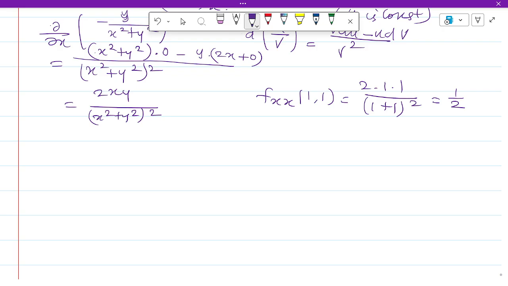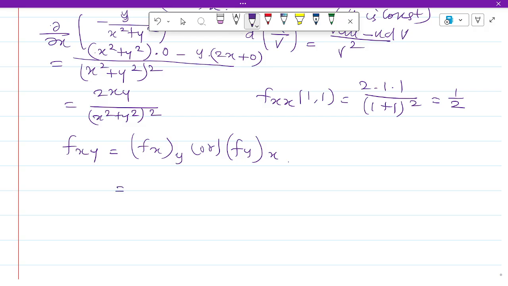Next we need to find that fxy. That means either you can differentiate fx with respect to y or fy with respect to x, is it not?